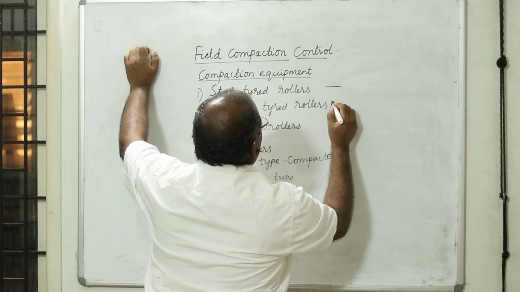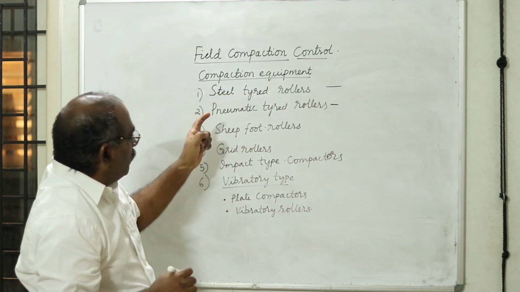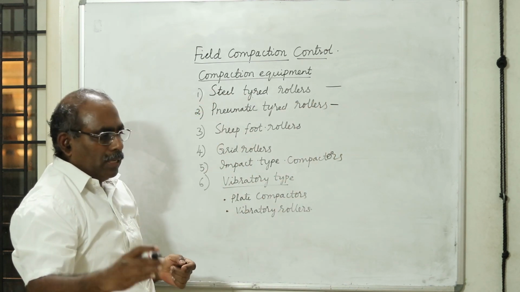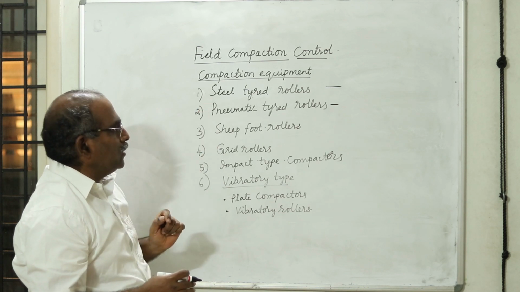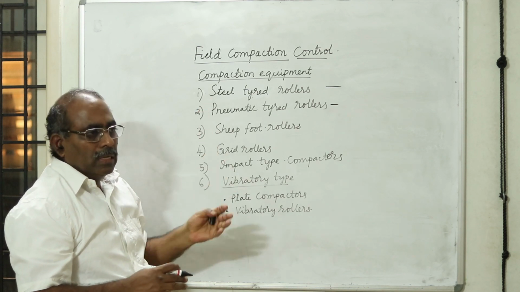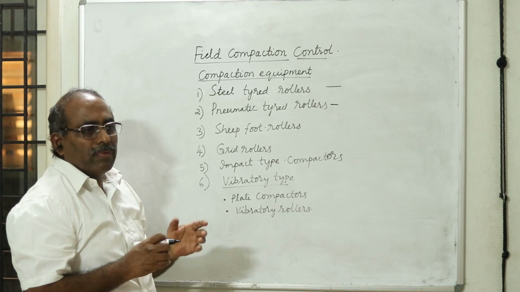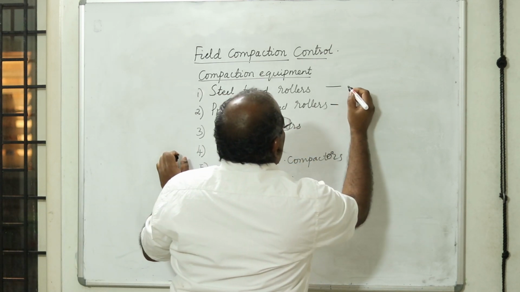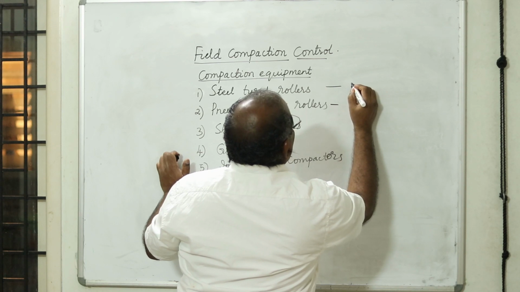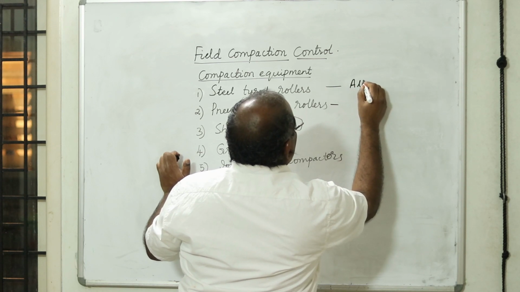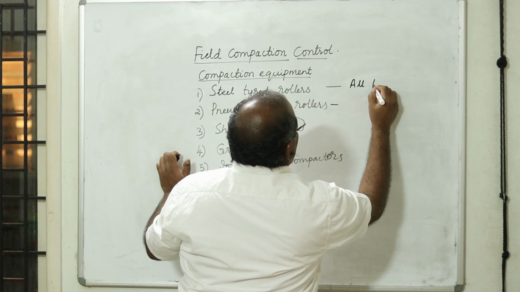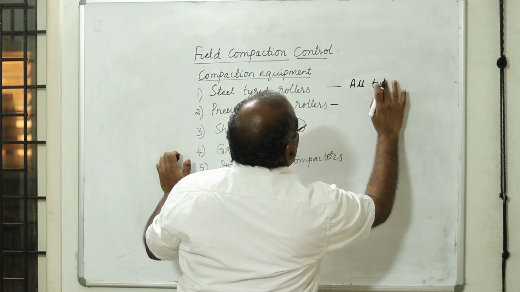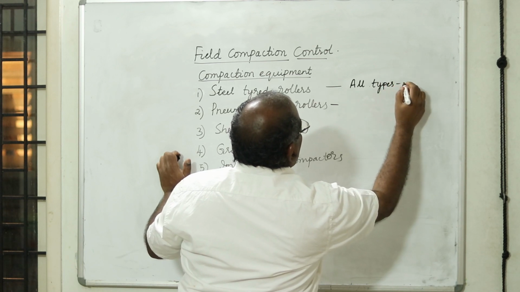Now this type of rollers you would have seen when the roads are formed, especially the pavements. You will see these steel type rollers. In that also we have got different weights of the rollers. We have got 5-ton rollers, 10-ton rollers, 20-ton rollers. Now these steel type rollers are useful for all types of soils, especially the granular types.